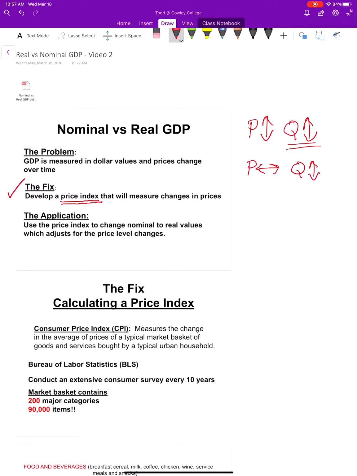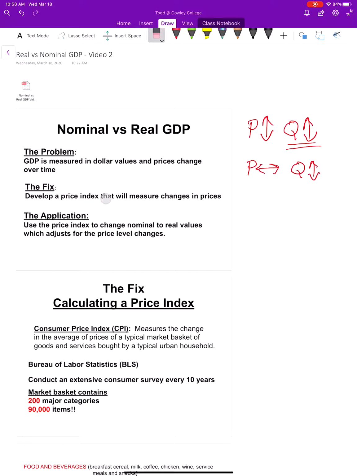And in all honesty, if you go to any four-year university, the economics department and the statistics department have all gotten together and tried to reinvent the wheel on a more efficient, more accurate, or quicker way, whatever it might be, to measure these changes in average prices.